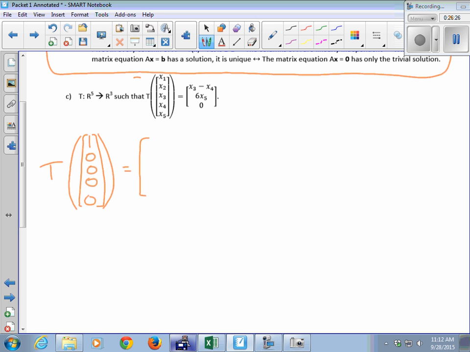This has 5 entries, so I want an identity matrix where each column has 5 entries. So the identity matrix is I5.